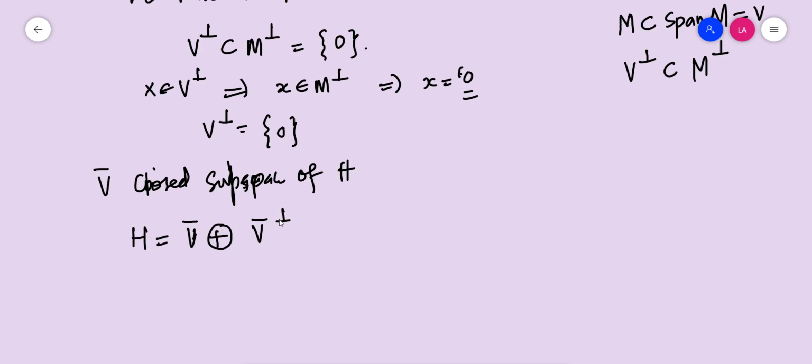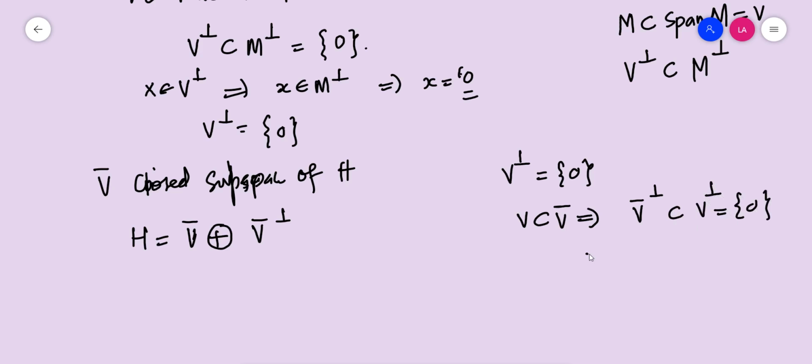Now V perpendicular is equal to {0}, and V is always a subset of V closure by the previous result, which implies V closure perpendicular is a subset of V perpendicular. So V perpendicular is equal to {0}, which implies V closure perpendicular should be equal to {0}, because the annihilator at least contains the 0 element.